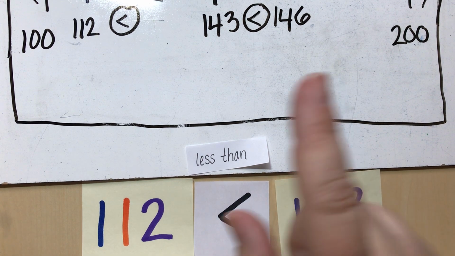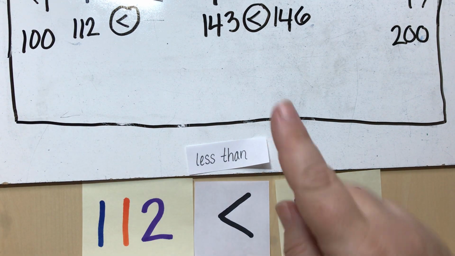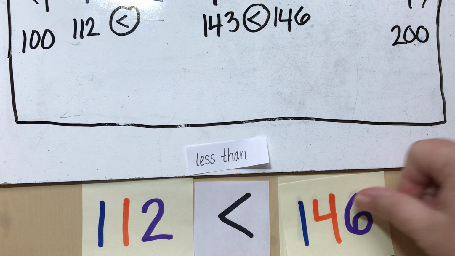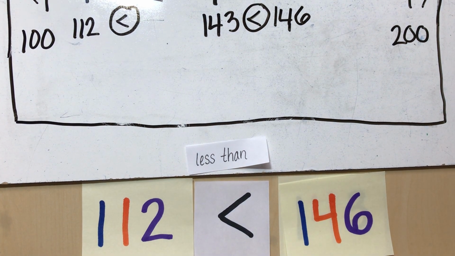Or I could also say 112 is less than 146. So that's how you can put numbers on a number line to see how they are in relation to each other and create sentences that say one is less than and the other is greater than.